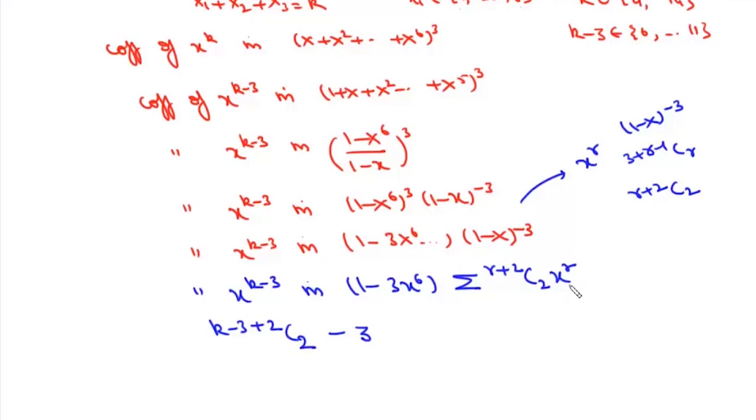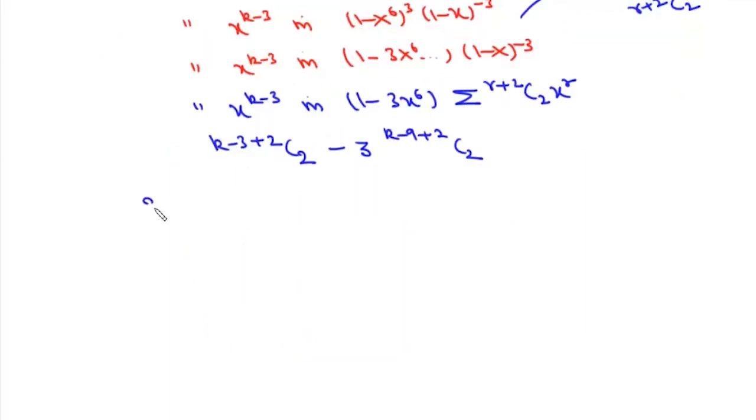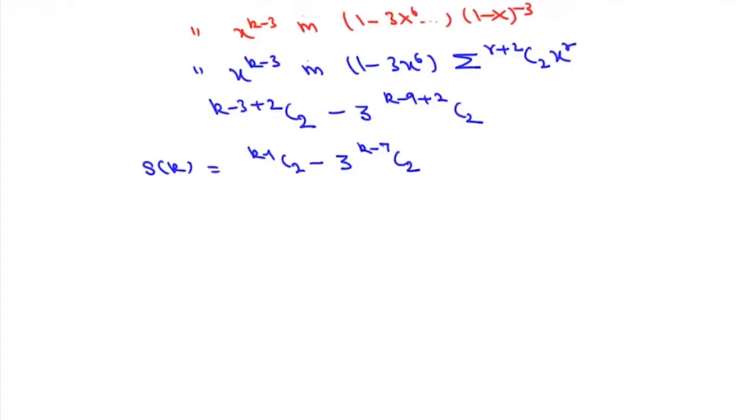So there will be k minus 9 plus 2 C2. So the number of ways the sum of the numbers will be k is k minus 1 C2 minus 3 into k minus 7 C2 ways. Now we need to find the probability that this sum is k.